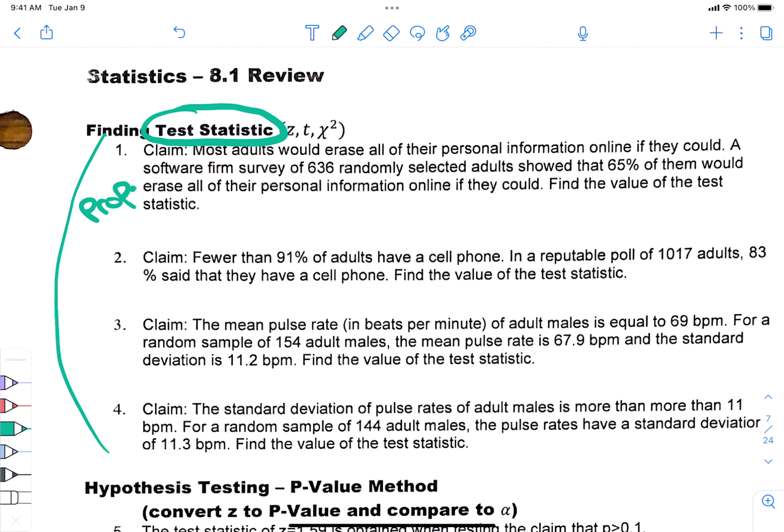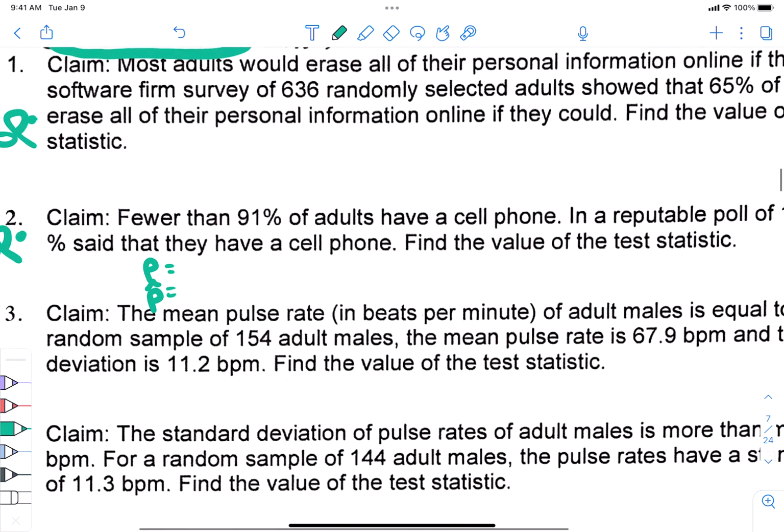Number 2, fewer than 91% of adults have a cell phone. In the reputable poll of 1017 adults, 83% said they have a cell phone. Find the value of the test statistic. That's a proportion again. Now, this is a little bit confusing as far as P and P hat go. P hat is the sample, P is the population.